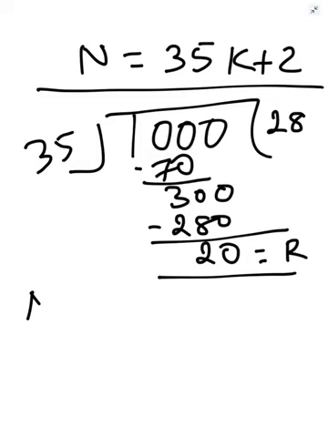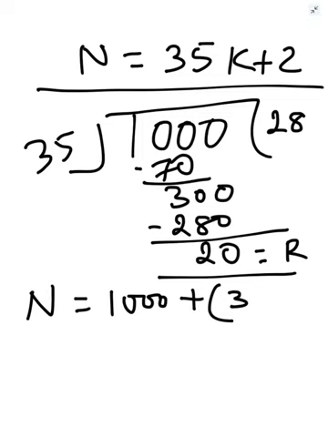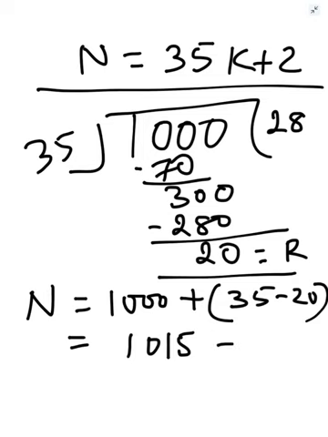The remainder is 20. What I will add is the difference of the divisor and the remainder. 1000 plus 35 minus 20. That is 1015, which is the smallest 4-digit multiple of 35.